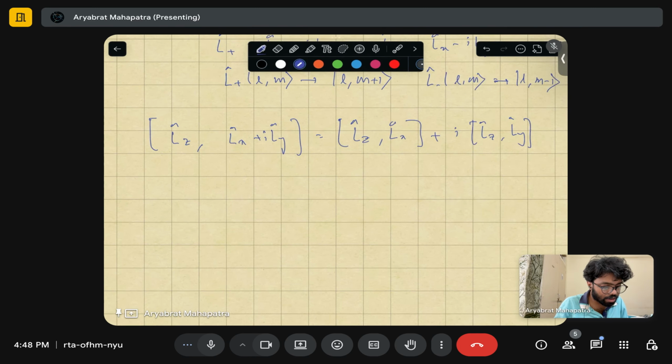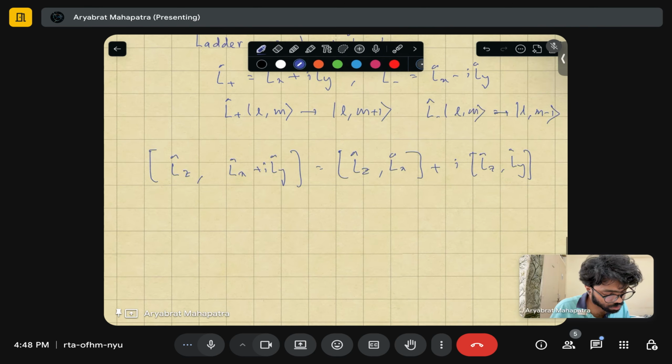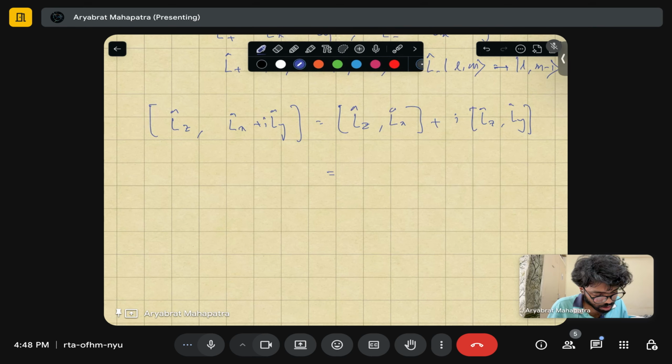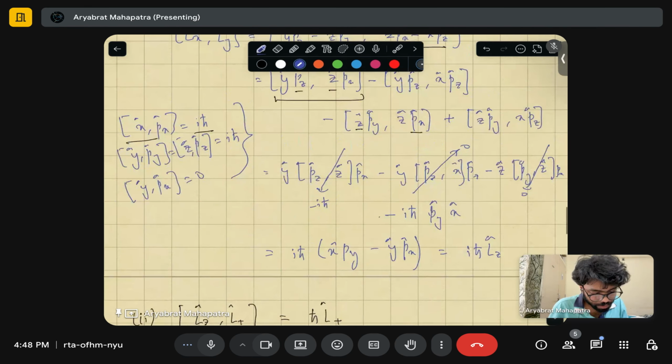So LZ and LX, as I told you before, this commutator gives you I h bar LY.